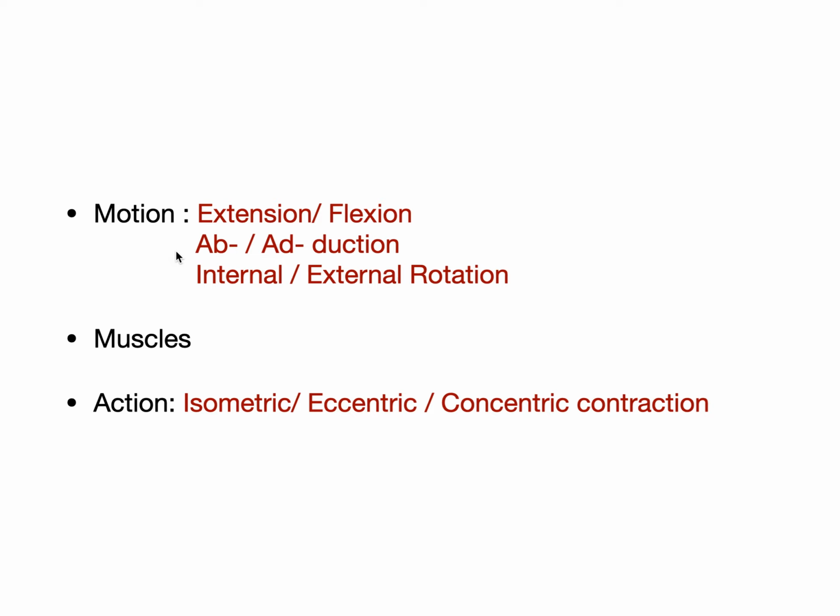It can be one-dimensional, so probably only knee extension, for example, and there is no abduction or adduction on the knee joint, or internal or external rotation. But it can also be multi-dimensional. Muscles is just a review of your anatomy section. And the action of the muscle can be isometric, eccentric, or concentric.